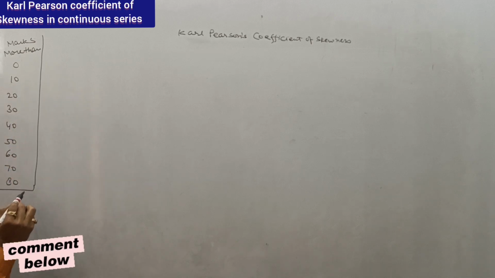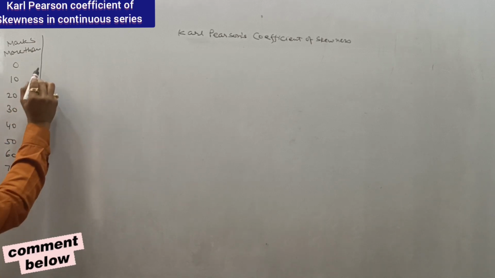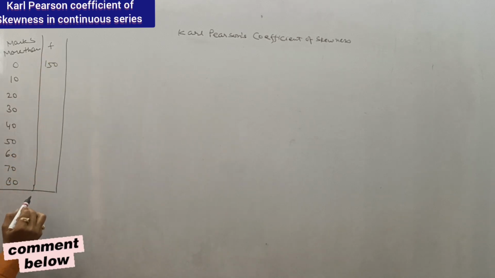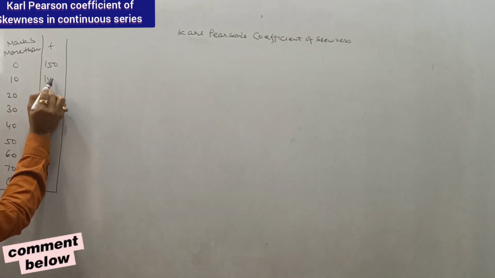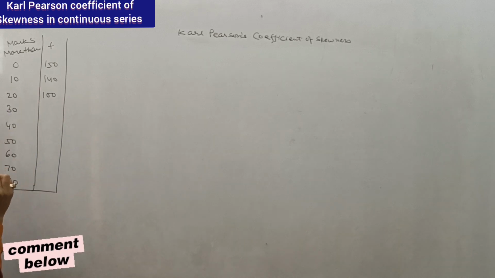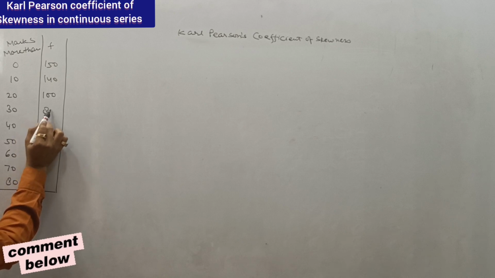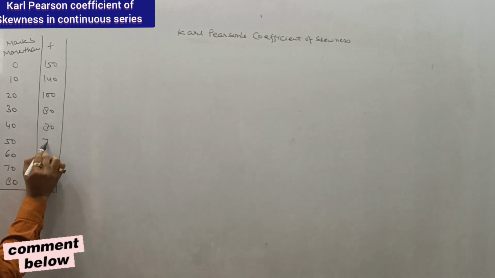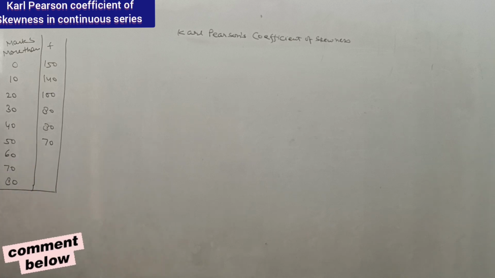For more than 0 marks the frequency is given as 150, then 140, 100, 80, then 80, then 70, 30, 14, and 0.